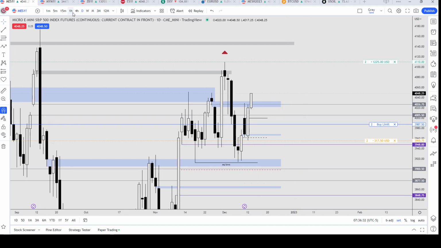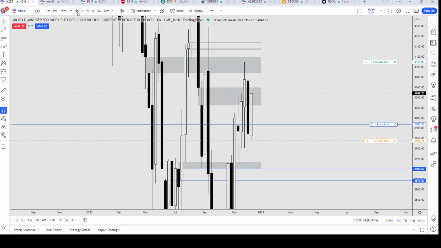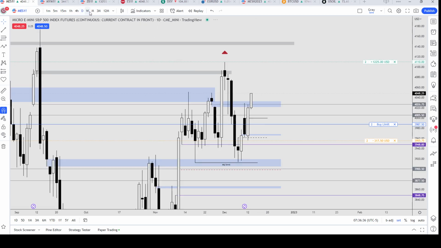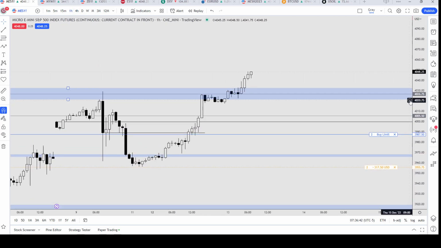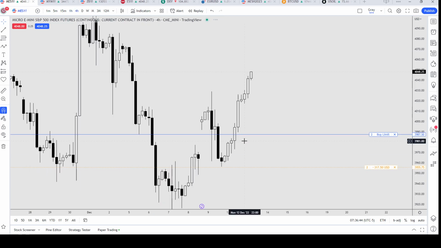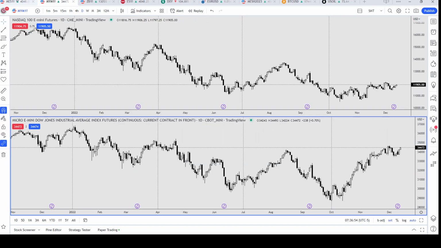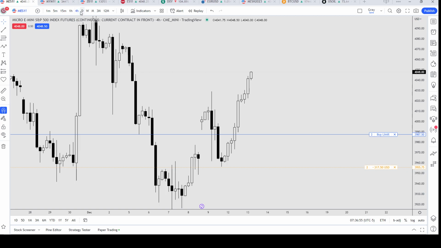I'm going to see if there's any place that I can get in after the CPI. Prior to the CPI, nothing. Over here we do have the balanced price range lining up neatly with the fair value gap over here.